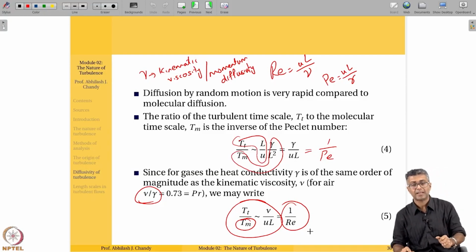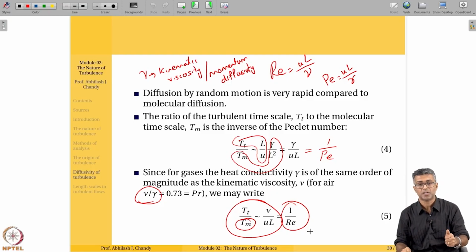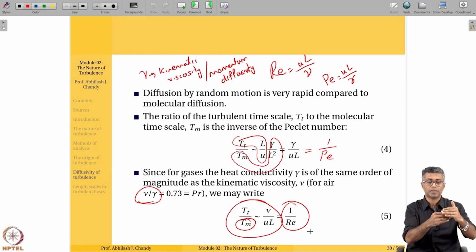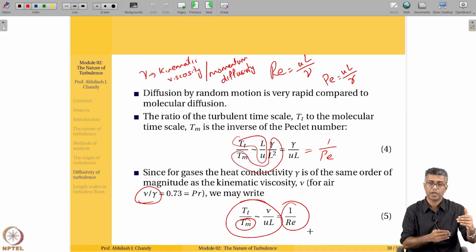So that tells me that as the Reynolds number keeps increasing, my turbulent timescale keeps decreasing compared to the molecular timescale. So the difference between the turbulent timescale and the molecular timescale is widening, is increasing.